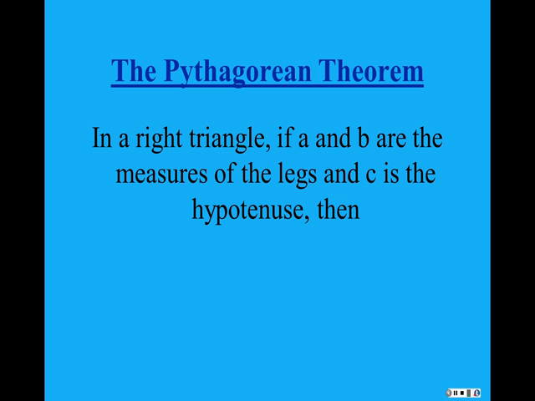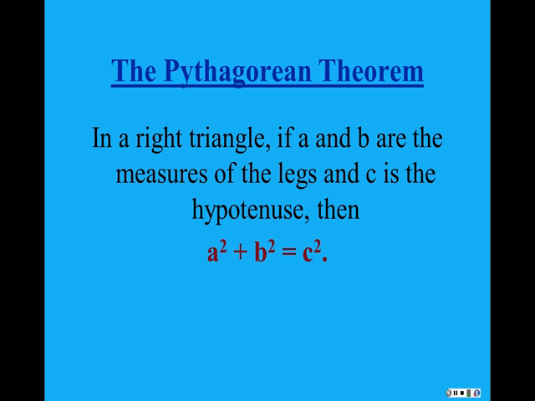In a right triangle, if A and B are the measures of the legs and C is the hypotenuse, then A squared plus B squared equals C squared. I know you did it.